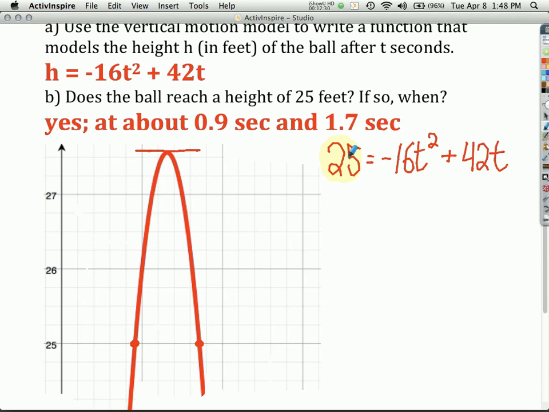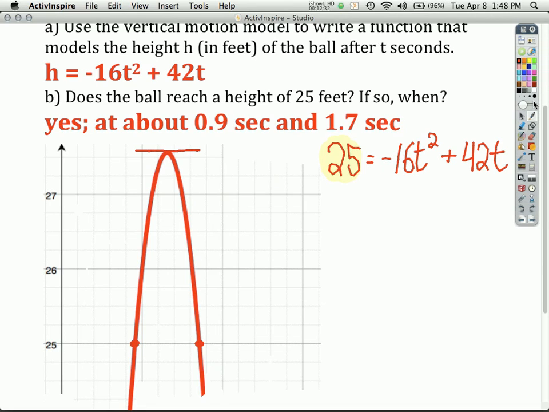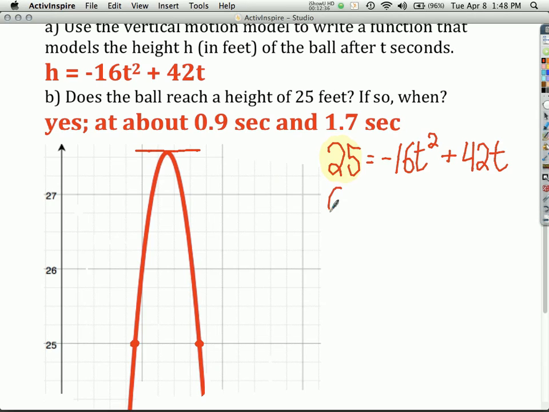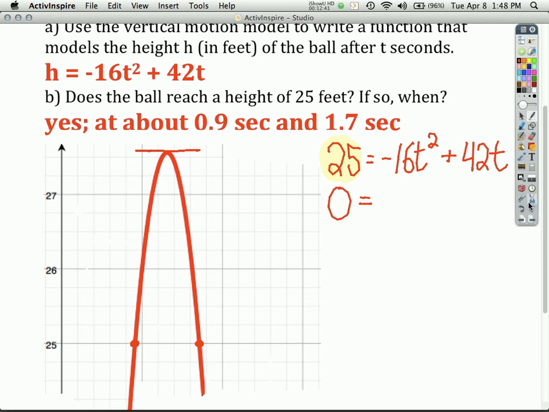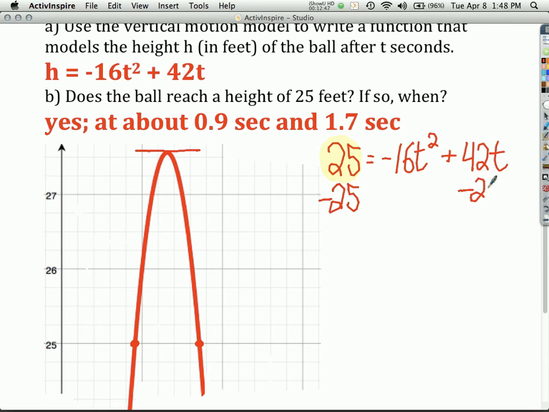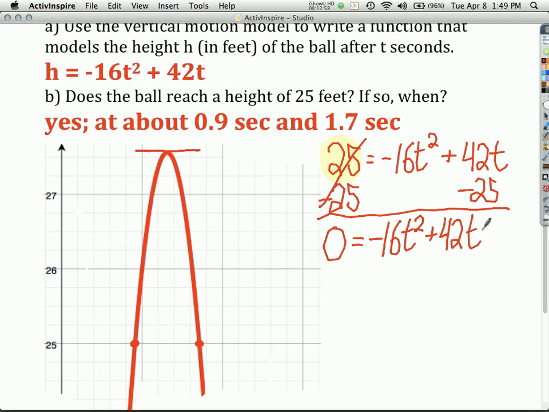And so now what Kadir was saying was, we can't solve this because you learned that you have to have a 0 on one side to solve. Which means we need to subtract 25 from both sides. Subtract 25 from both sides like this. That is how we get our 0 equals negative 16t squared plus 42t minus 25.